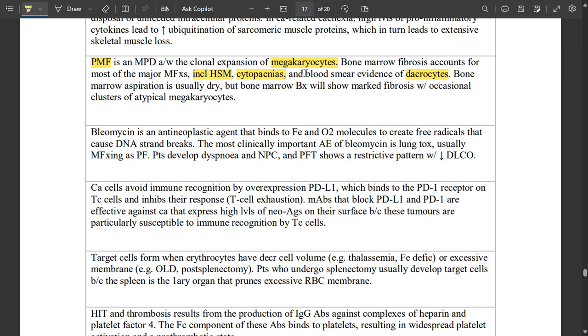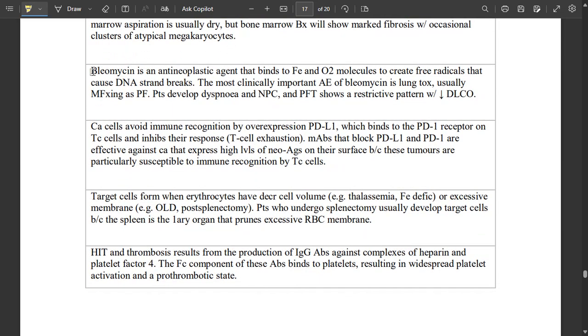Bone marrow aspiration is usually dry because of fibrosis, but bone marrow biopsy will show marked fibrosis with occasional clusters of atypical megakaryocytes. So there are atypical megakaryocytes inside the bone marrow, therefore the biopsy reveals clusters of atypical megakaryocytes.